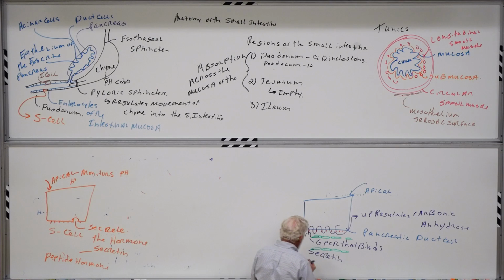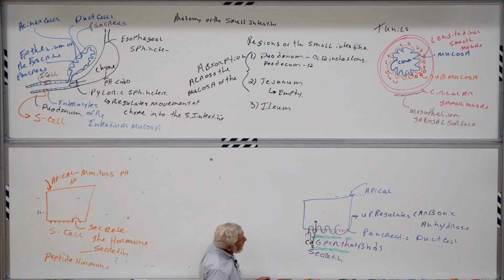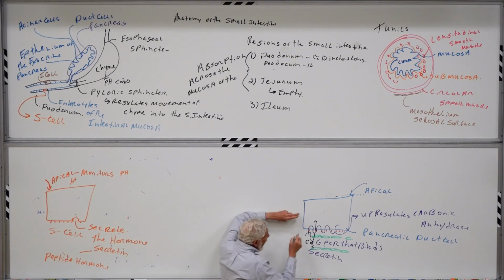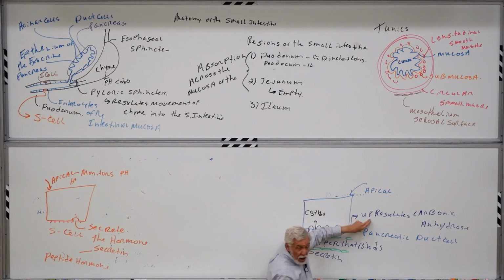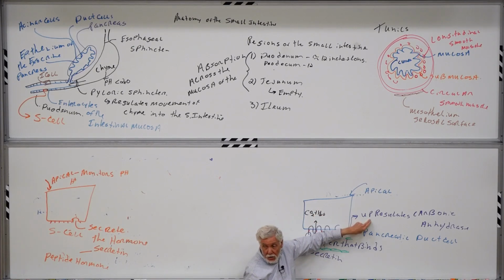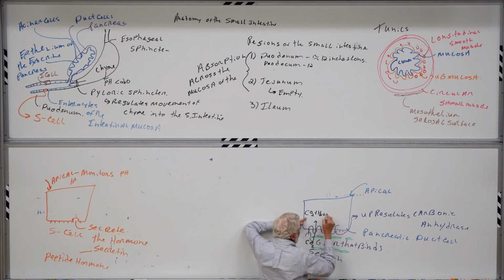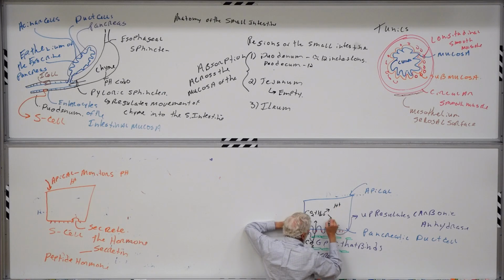And so carbon dioxide in this capillary can leave the blood vascular compartment and get into the cell. But remember what will happen with carbon dioxide plus water in the presence of carbonic anhydrase. It's going to convert the carbon dioxide and water into a hydrogen ion and a bicarbonate ion.